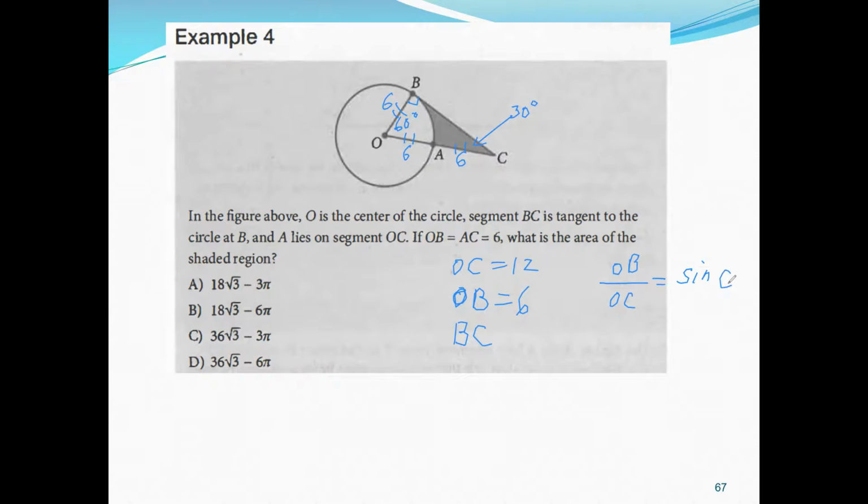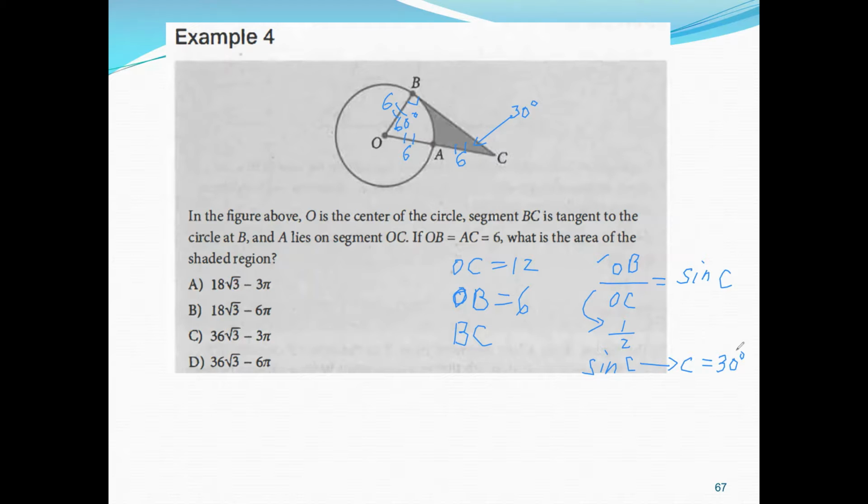And I know this is 1/2. If I know this is 1/2, there's a one-to-one correspondence, okay? Because this is sine C. If sine C is 1/2, then I can figure out C is equal to 30 degrees. And this is 60 degrees. Okay, we can quickly figure out what BC is.